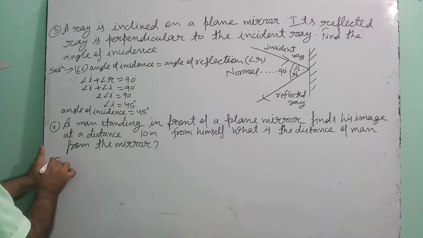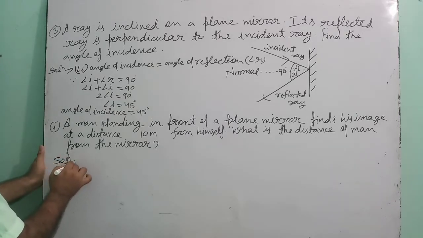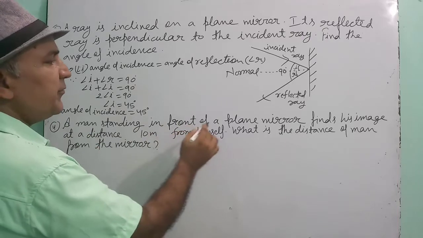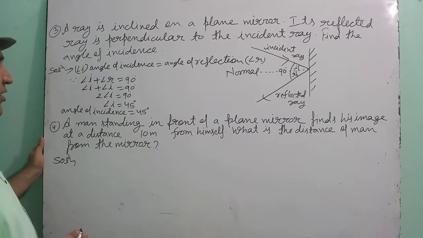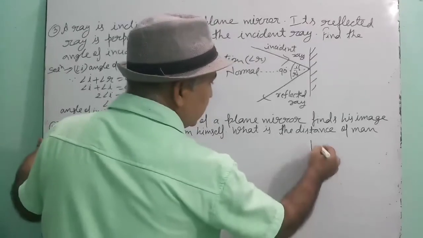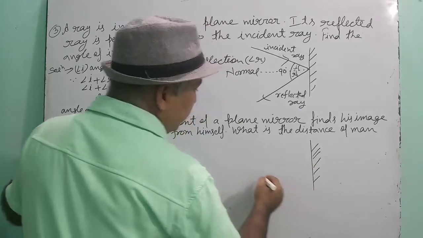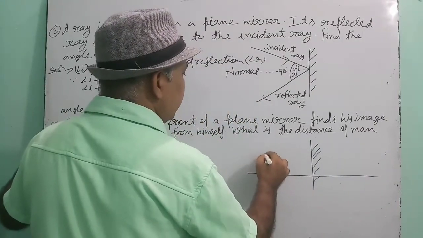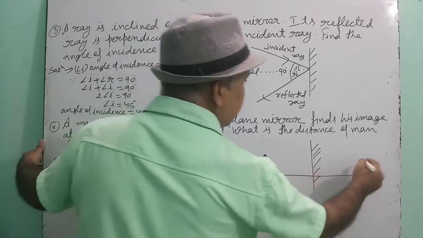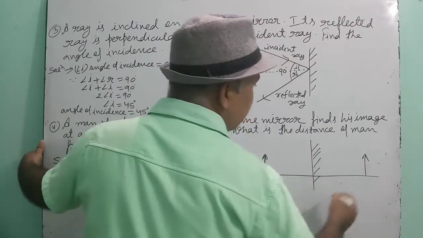Okay. Now see the second question. A man is standing in front of a plane mirror and finds his image at a distance of 10 meters from himself. See here. Suppose this is the plane mirror. Suppose this is a man. Then his image will be formed inside the mirror.